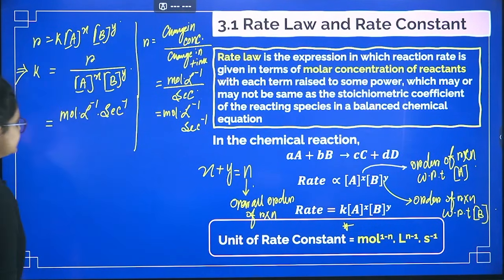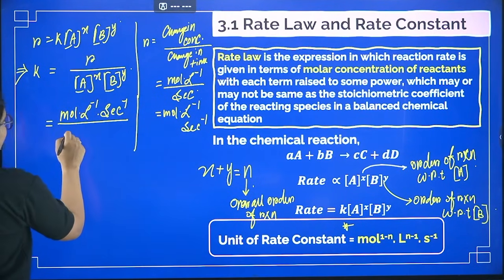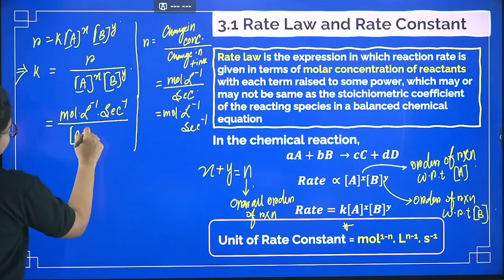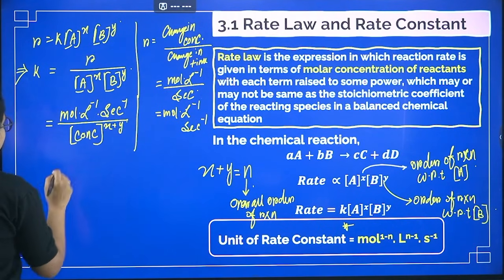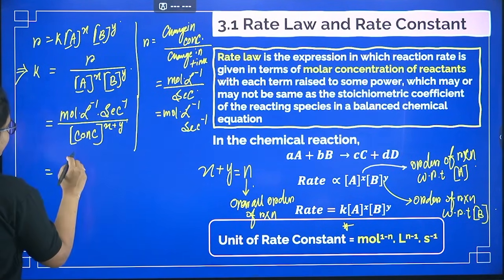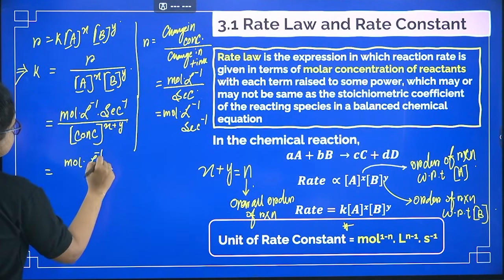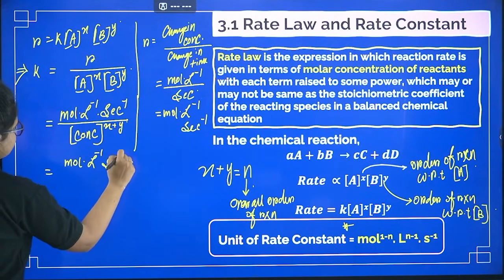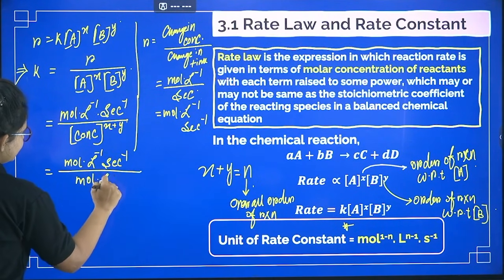Okay, let's proceed. Divided by, see, both of them are concentration units. So here I can write concentration power x plus y, right? So mole per liter, second inverse. Here the concentration unit is mole per liter.